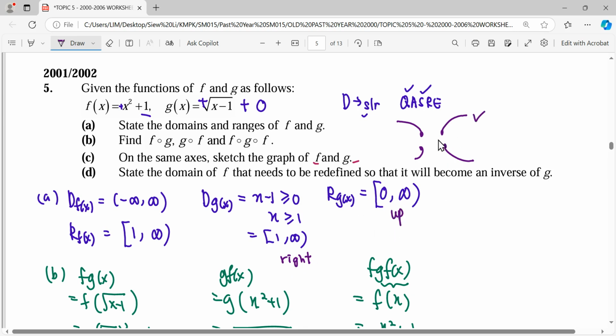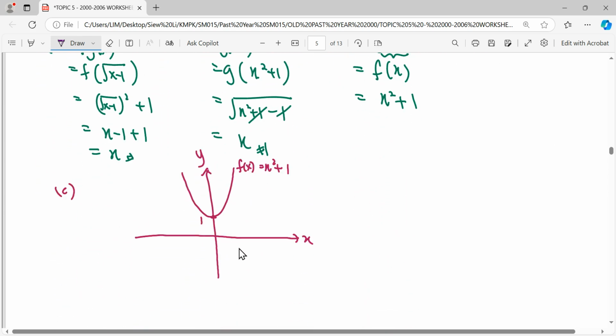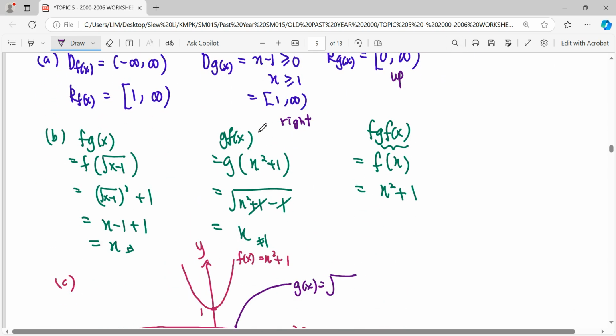So this is the orientation of the graph, going up and to the right. And what is the minimum point? We can see here x is 1 and y is 0. So the coordinates start at (1, 0). So we find our (1, 0) here, then shoot to the right and up. Then we label this square root of x minus 1.